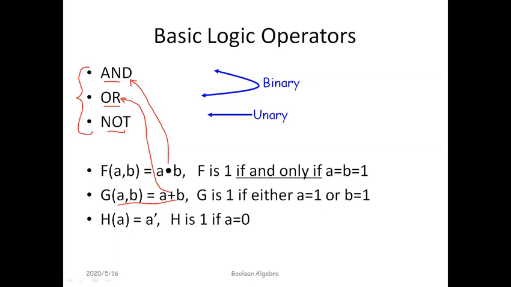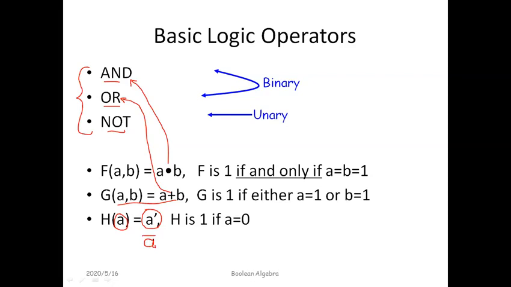Then we come to h. H is simply an inverter. Like in this case, on the left-hand side of the equal sign, we have A. Then on the right-hand side, we have A prime, which is typically supposed to be A bar.